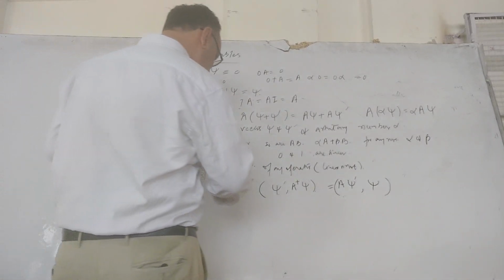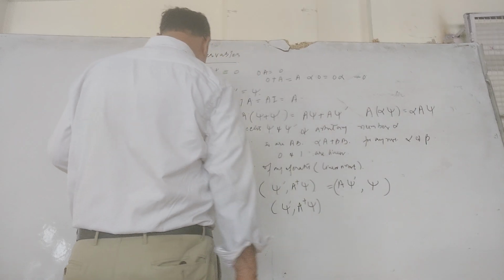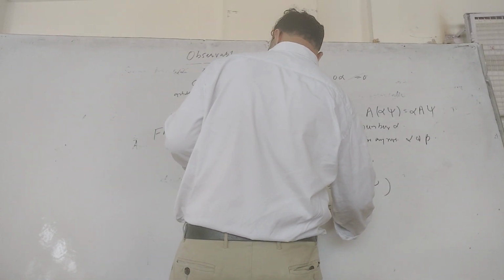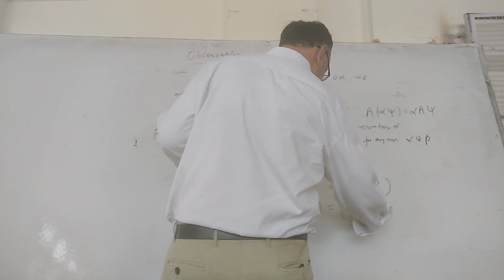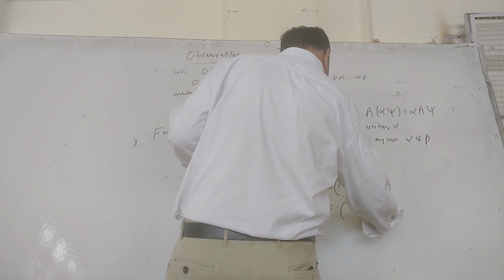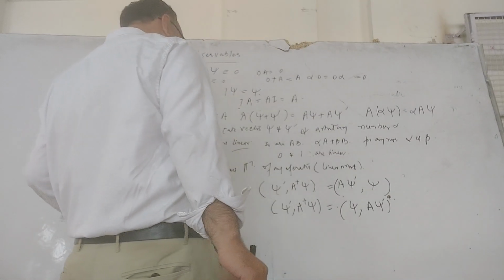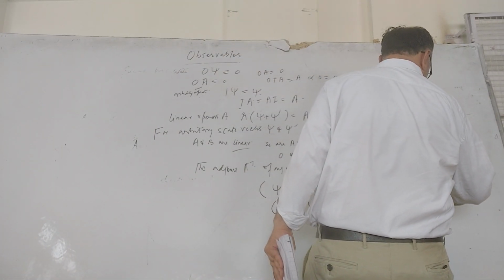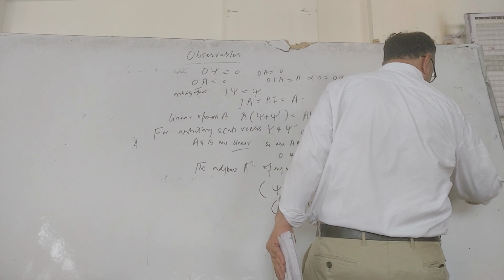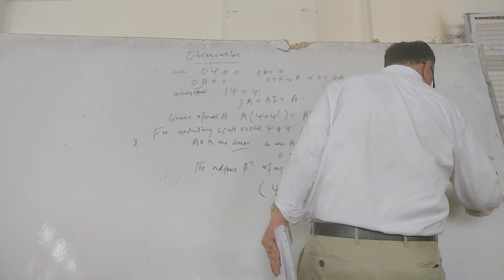In the same way, we can write psi prime A dagger psi is equal to psi A psi prime star, for any two state vectors psi and psi prime.